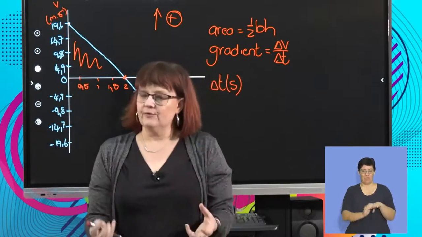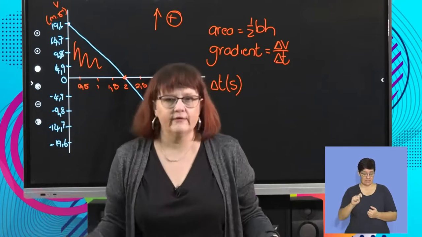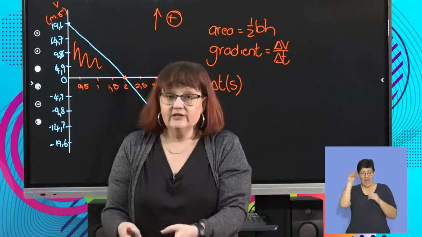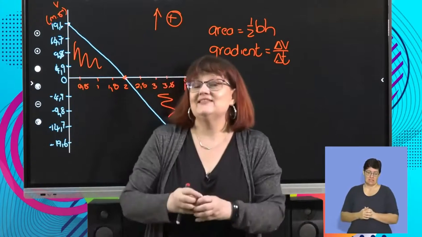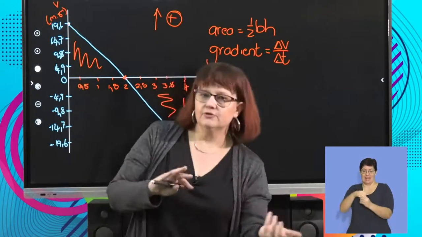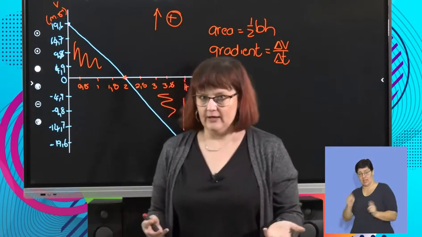If you're working out a gradient, I must have 2 points. Even if one of them's the origin, I still need to include it in my calculation because I'm working out a gradient. It's a change in. So I have to show the two things I'm comparing or changing in from, okay?